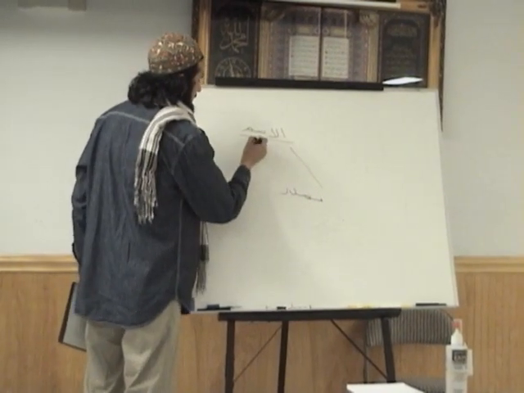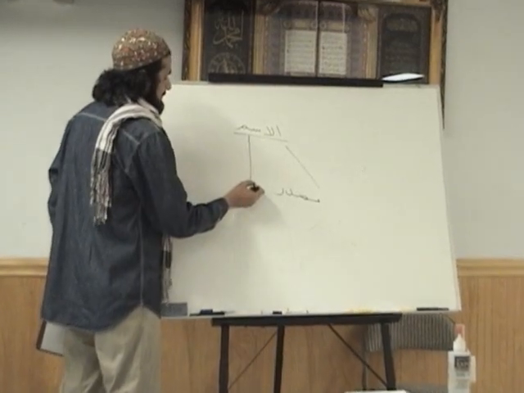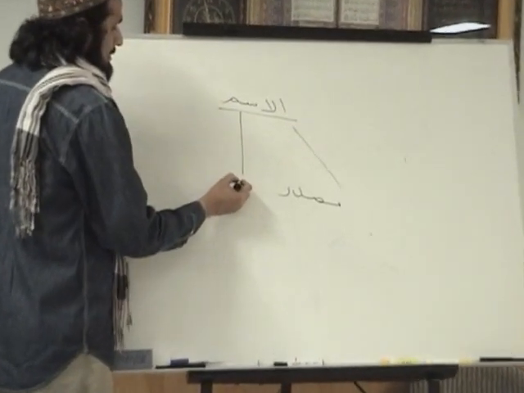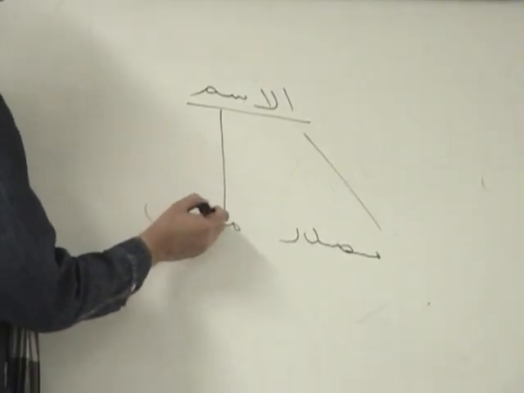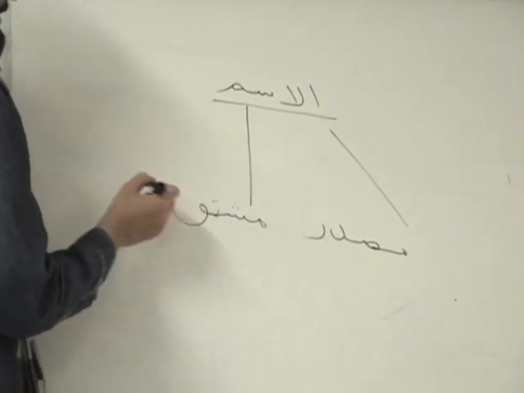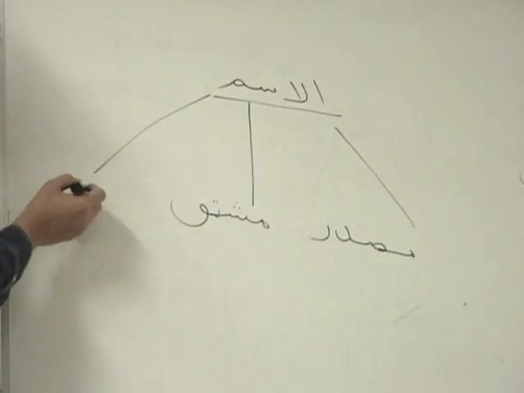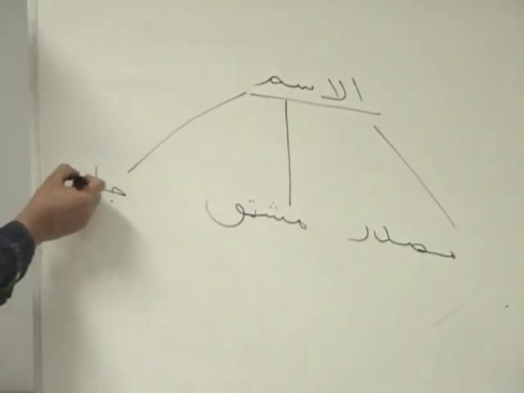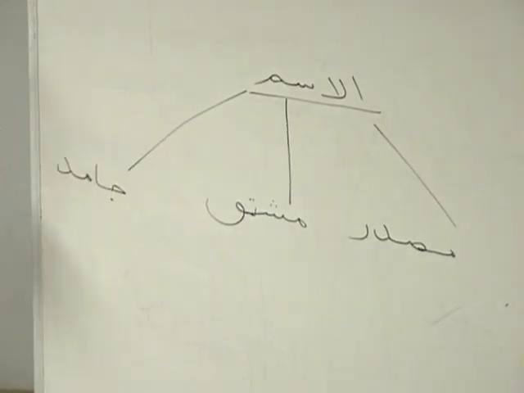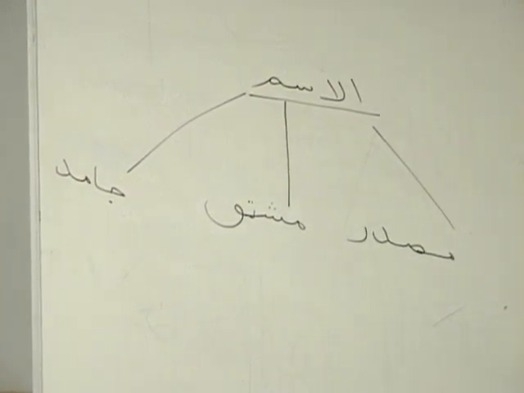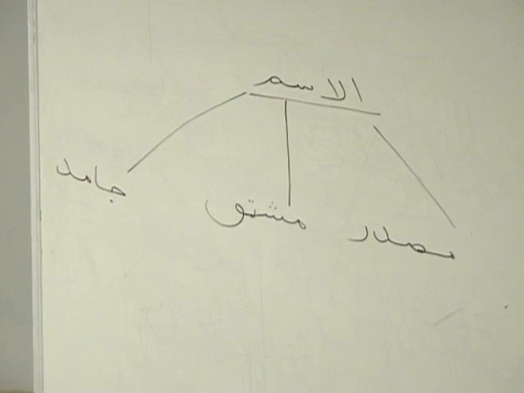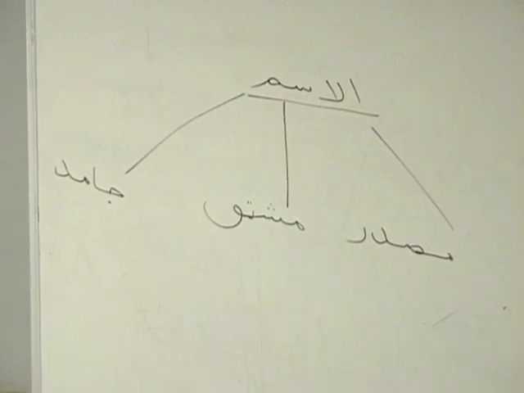Masdar can be mushtaq, and it can be jami'. So anytime you see an ism, the noun in Arabic, it will be one of those 3. It cannot be outside of those.